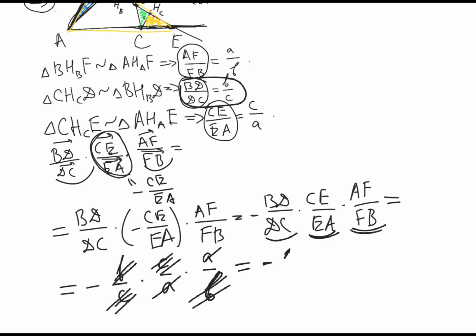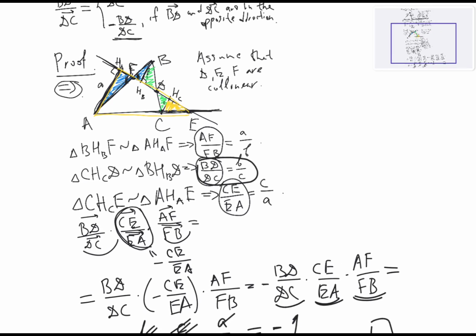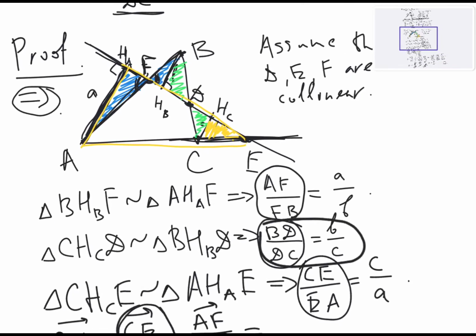So in total we have -1, exactly what we needed. Yeah, so this proves one case. The other cases where the line passes different ways are considered similarly. The scheme of the proof is the same.